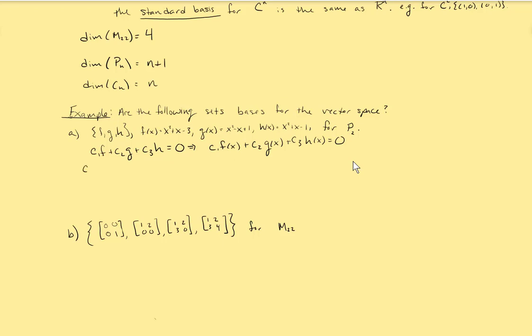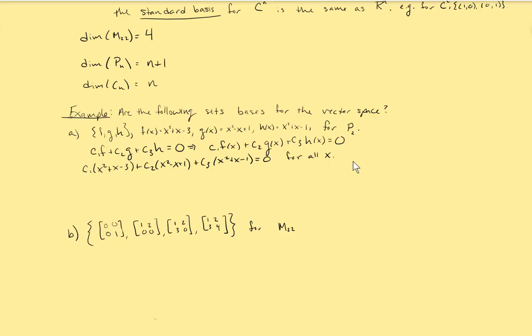So let me write this out. f of x is just x squared plus x minus 3. g of x is just x squared minus x plus 1. And h of x is just x squared plus x minus 1. And remember, that has to equal 0 for every x. So this actually gives us a system of equations in c1, c2, and c3. And we set this up just like we have in previous problems.